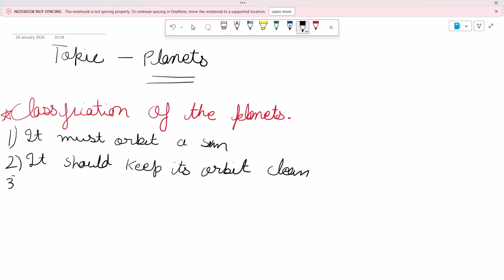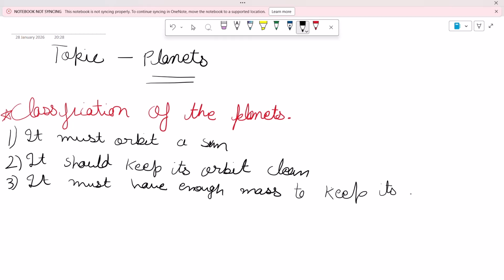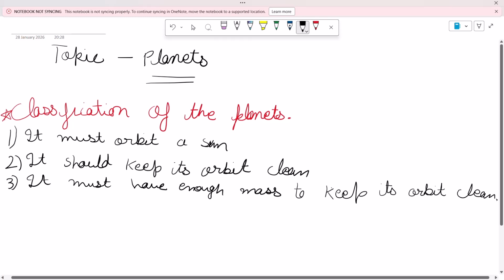And lastly, it must have enough mass to keep its orbit clean.